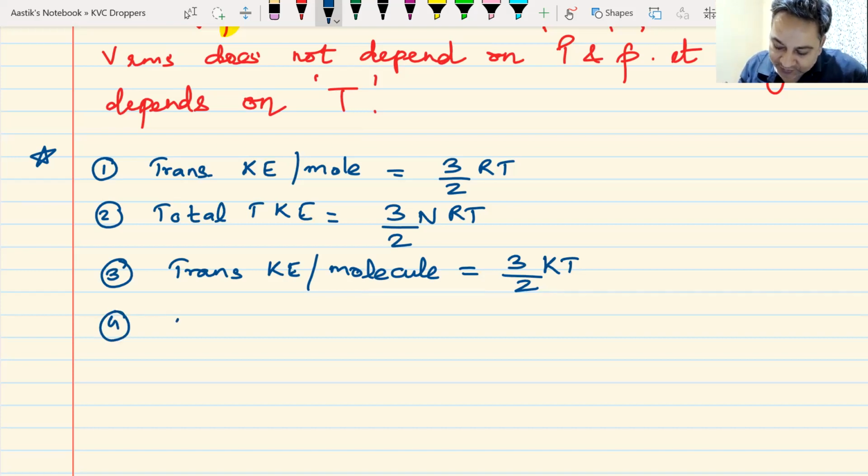Then from here I can write total translational kinetic energy as 3/2 NkT.